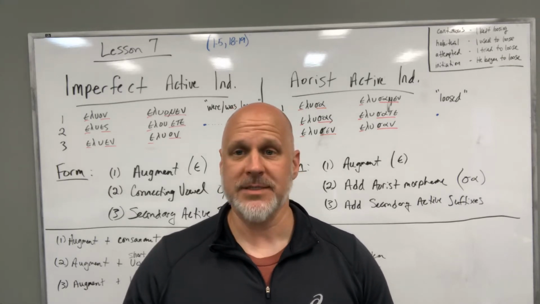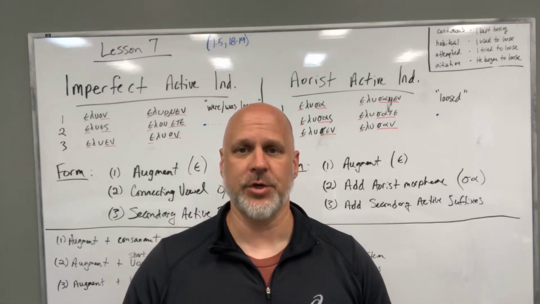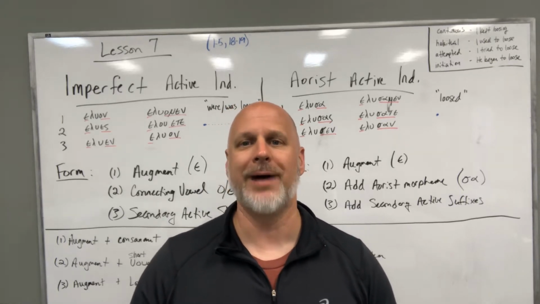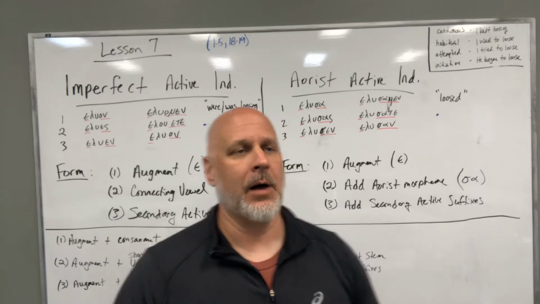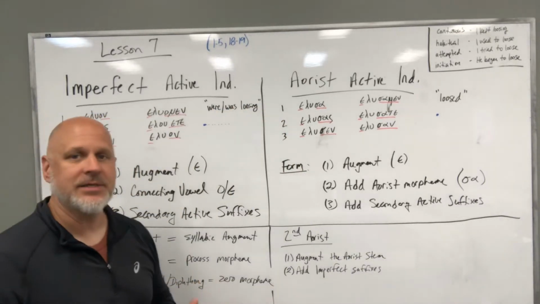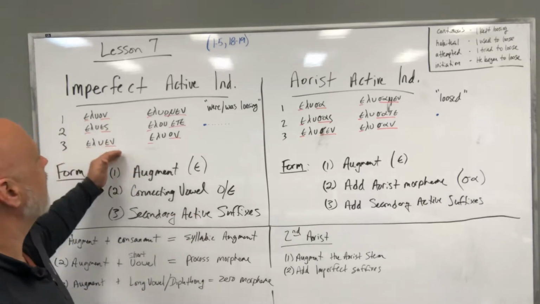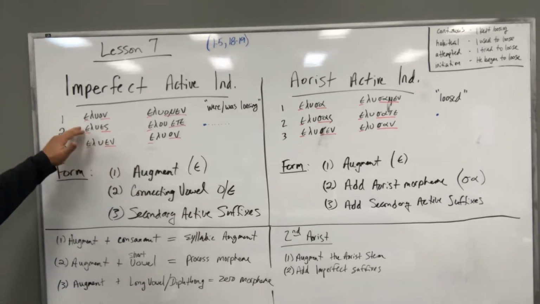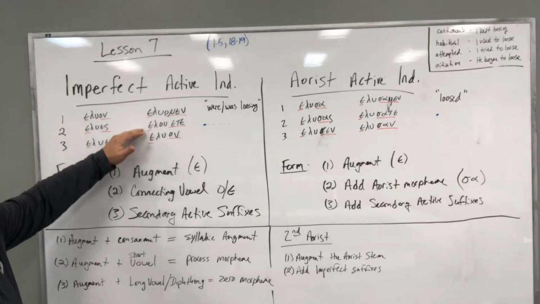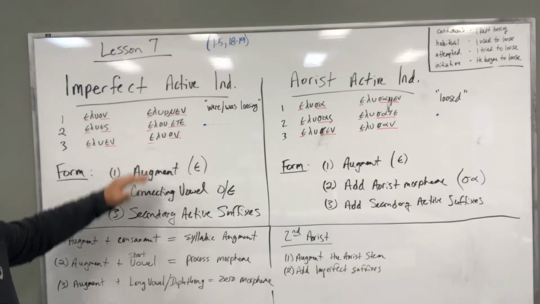We've learned present and we have learned future. Now we're going to learn the historical past. I want us to look at the endings. We see our chart. Eluon, elues, elue, eluomen, eluete, eluon.